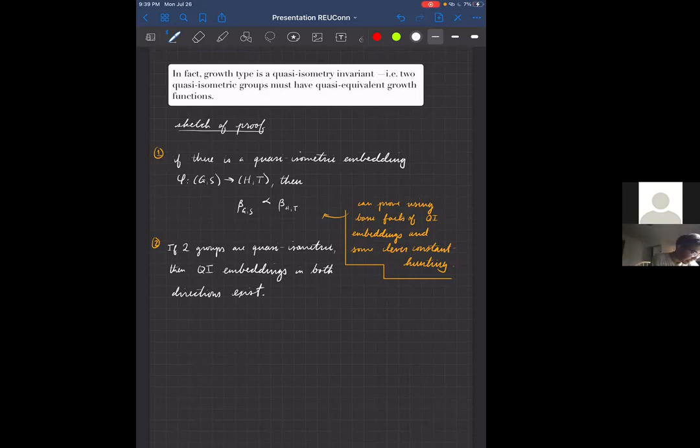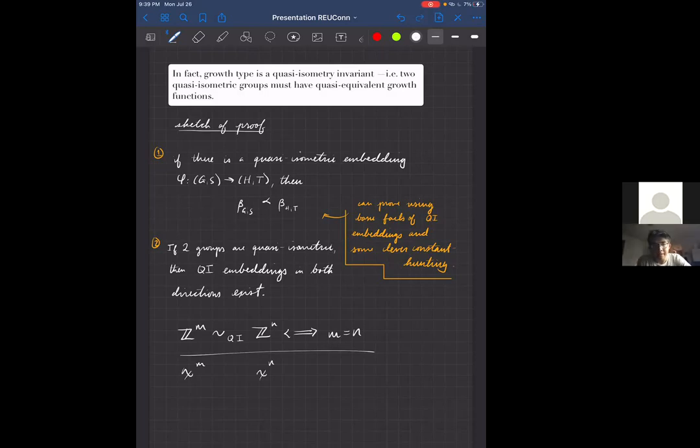Meaning, for example, a very basic consequence of this is that Z to the m is quasi-isometric to Z to the n if and only if m equals n. So no two powers of Z are quasi-isometric to each other if m does not equal n, because they grow at different rates: this one grows like x to the m, and this one grows like x to the n.